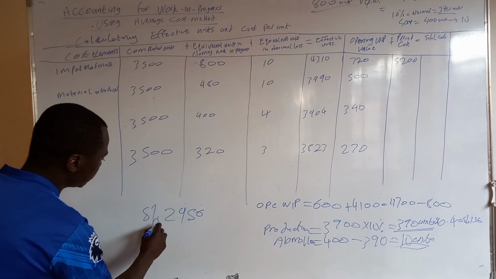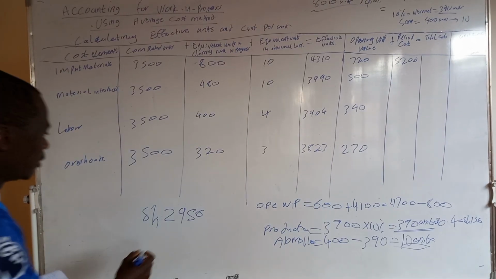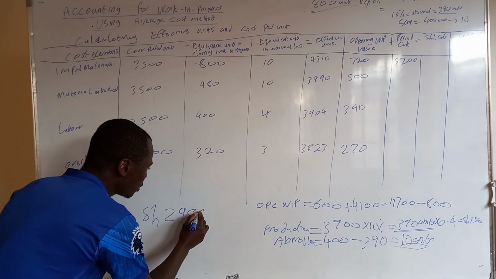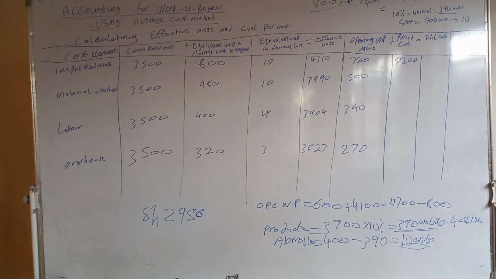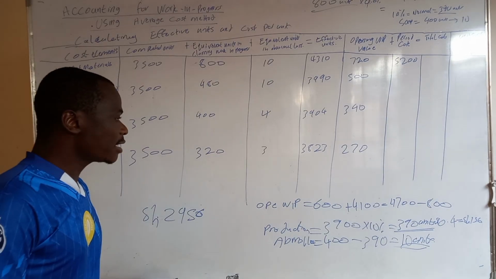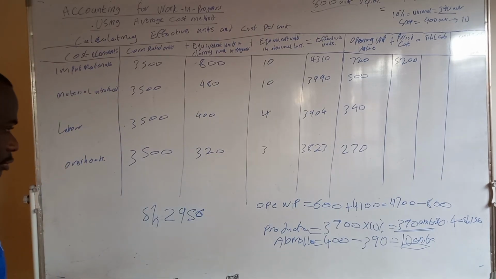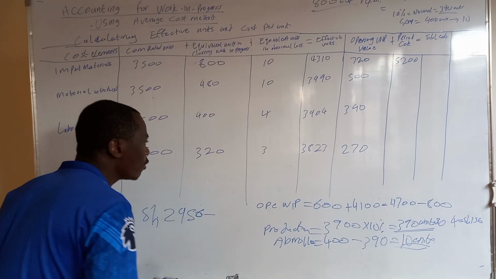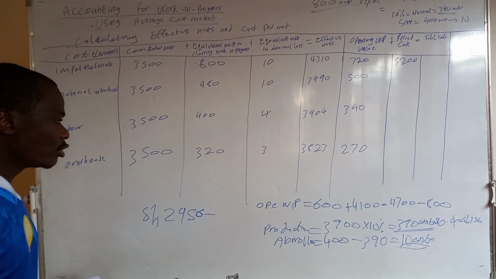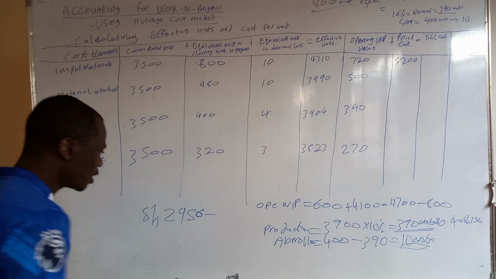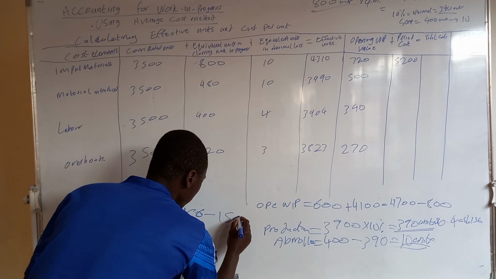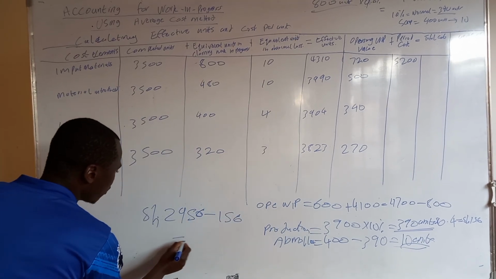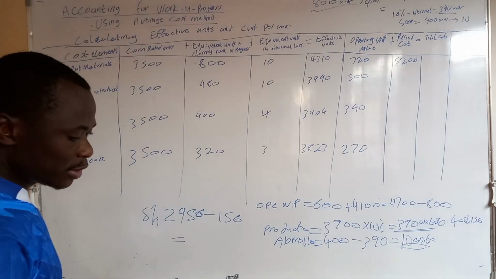We subtract what we got from our normal loss, that is 156.